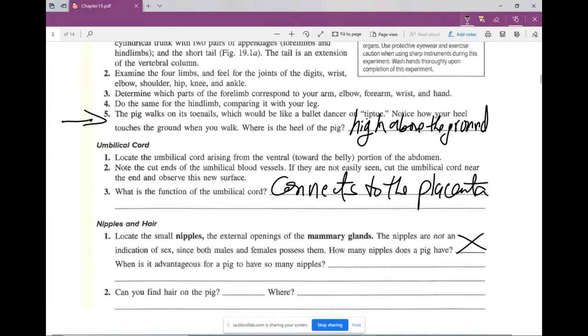When is it advantageous for a pig to have so many nipples? And from the picture, you were able to see that it had two rows of nipples, not just two nipples, but rows of them, right? Because pigs are known for having a lot of young at once, right? So they give birth to many piglets, I guess you can call them piglets, at one time.